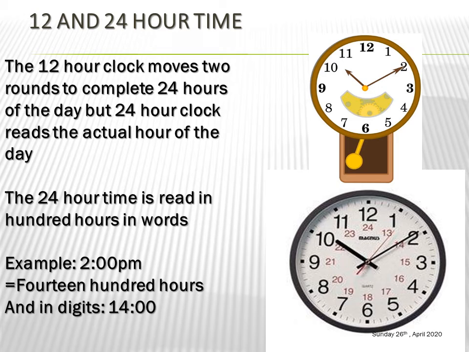So on the 24-hour clock, it is the 14th hour of the day. So the 24-hour clock will say 1400 hours. That's how it is being read. In digits, it will be written as 1400, and in words, it's called 1400 hours.